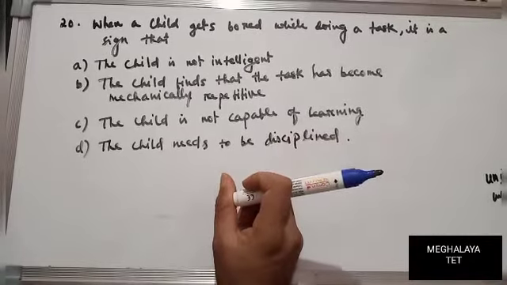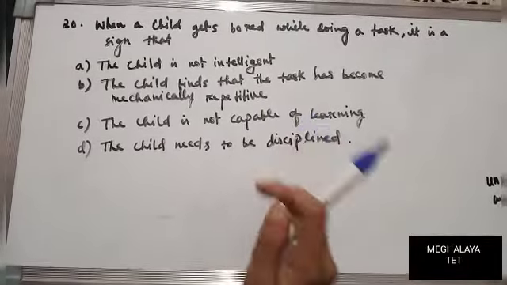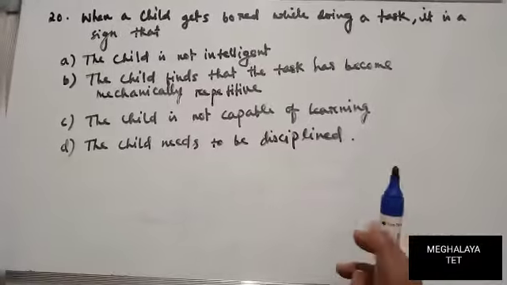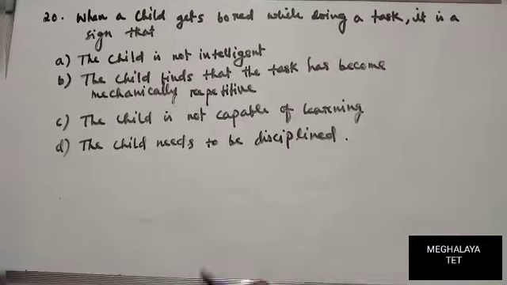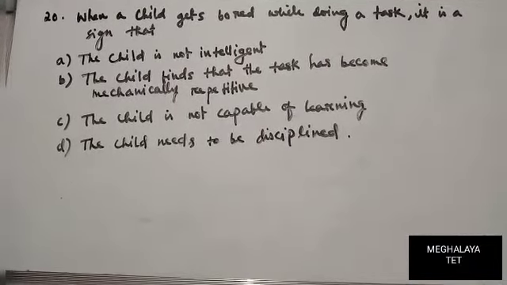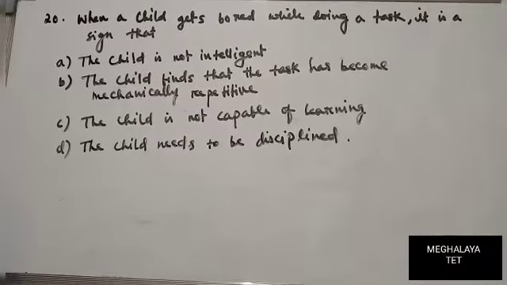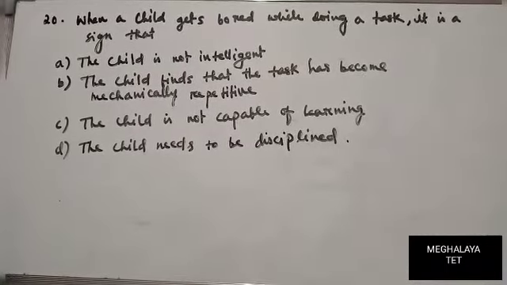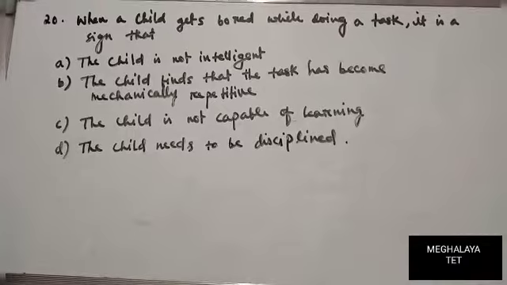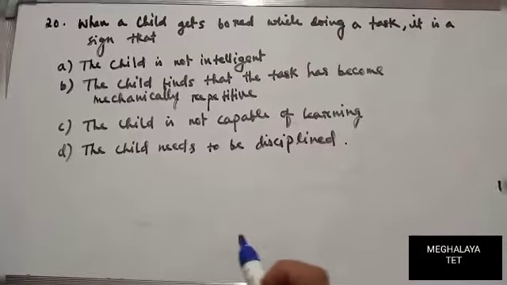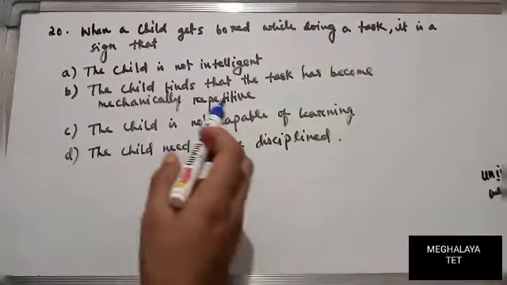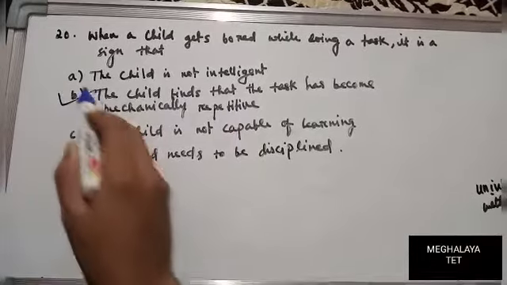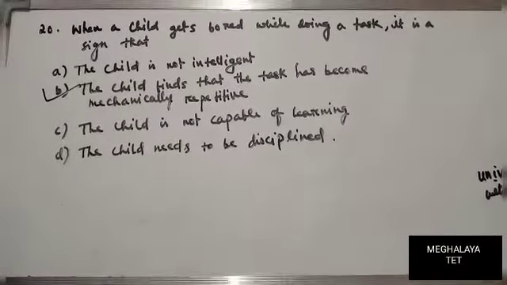When the thing is repeating again and again, the child feels that they lose their attention, or they are uninterested. So the correct option for this question is option B.